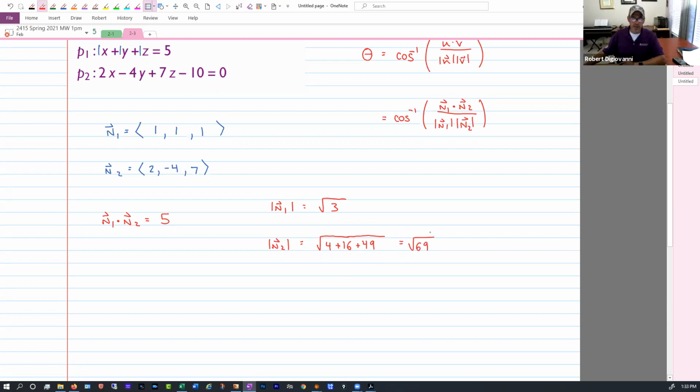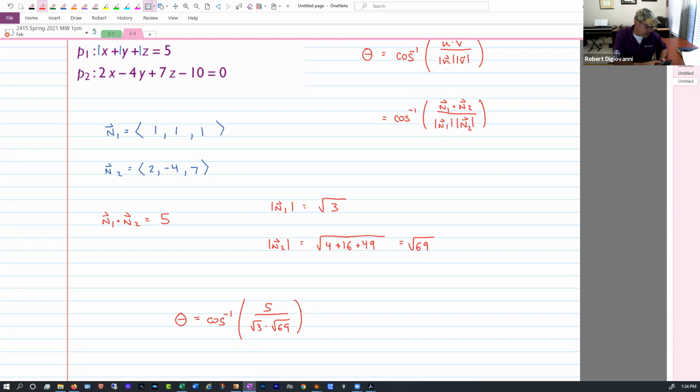Okay, so now we get to plug this all into the formula. So theta should be equal to the inverse cosine of u dot v, which was 5 over root 3 times root 69. We're going to have to use our calculators anyway to do the arc cosine. So at this point, we need to determine, are we going to give the answer in degrees or radians?